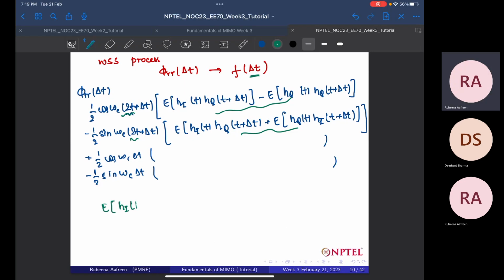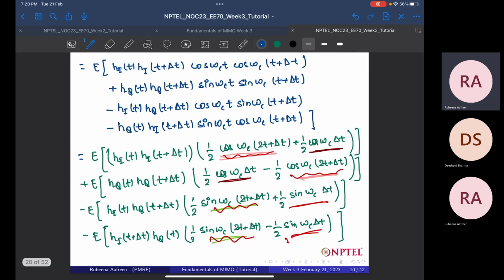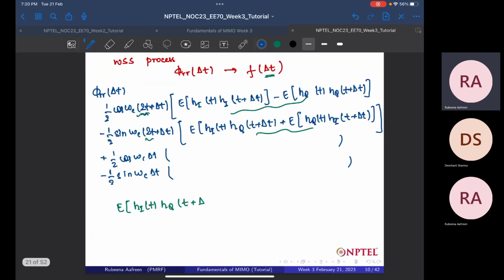So I will write it down here. Expectation of hI(t) hI(t plus delta t), I mistakenly wrote it as hQ, here it is hI(t) into hI(t plus delta t).